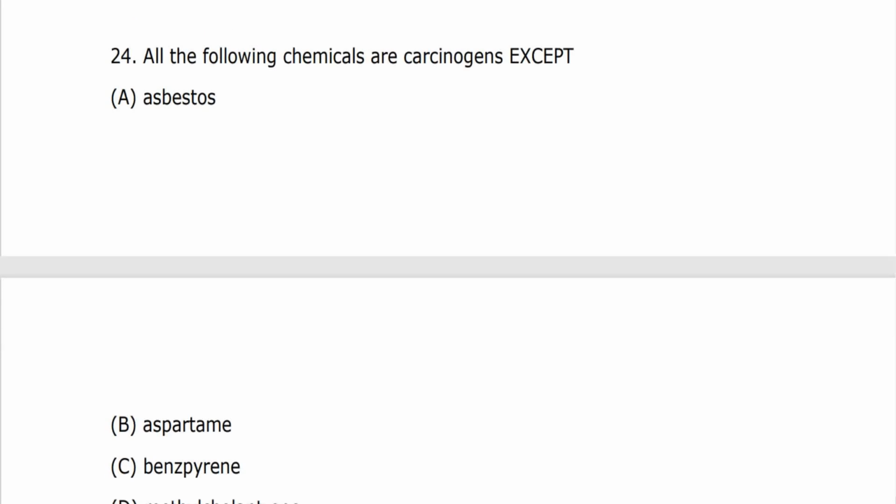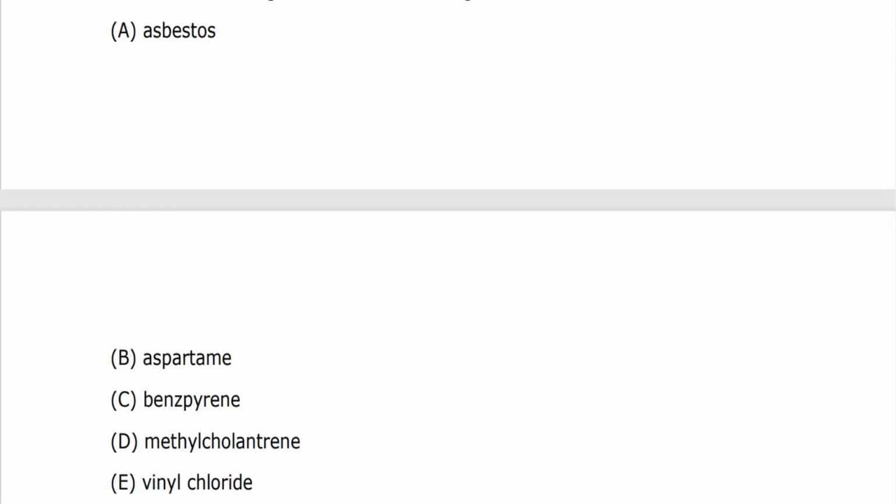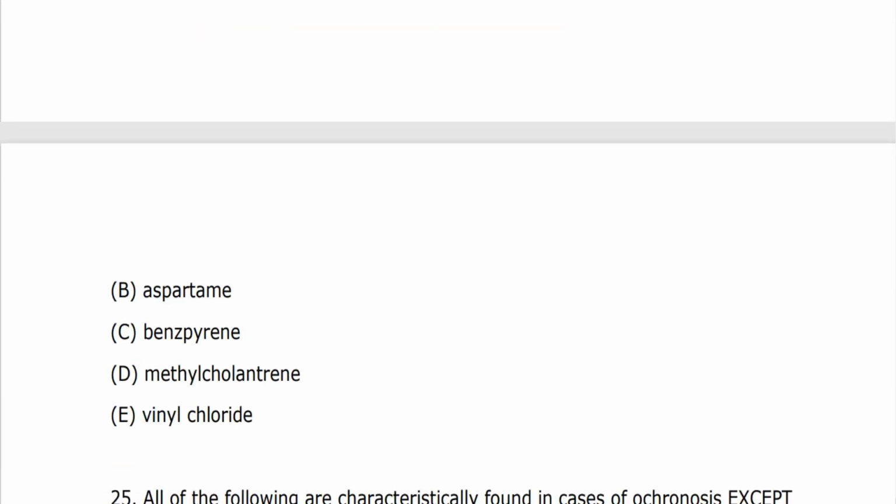Question 24. All the following chemicals are carcinogens except: asbestos is incriminated in mesothelioma. Aspartame is more or less a sweetener, and there's no research or document that has implicated it in any cancer.